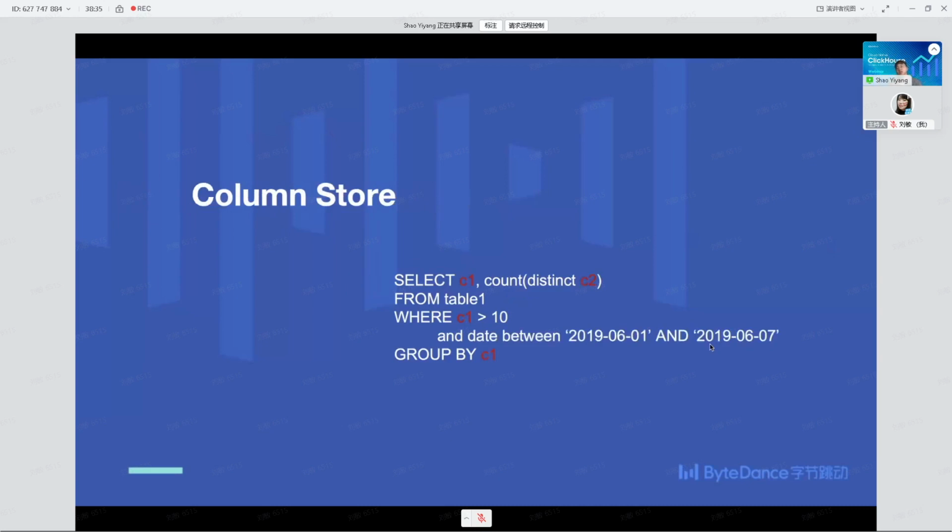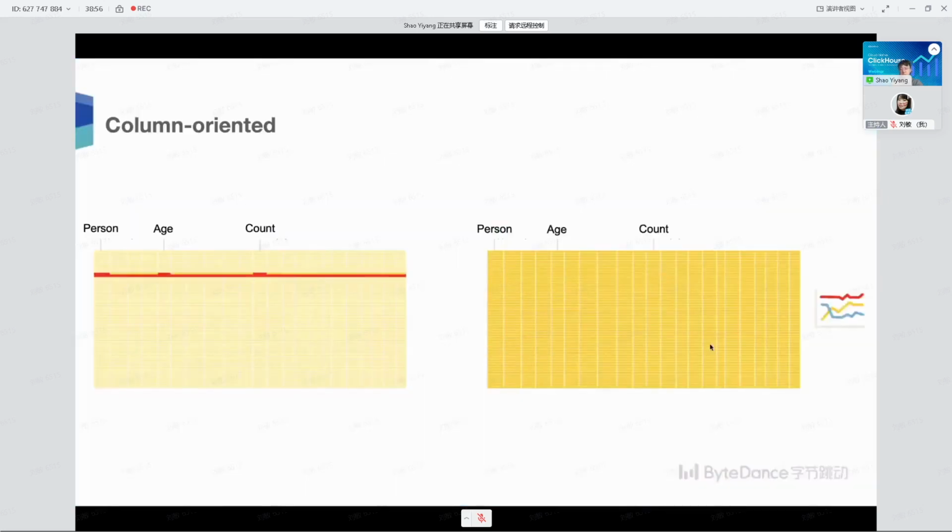And also, ClickHouse has its unique column-oriented storage. So in ClickHouse, the data is not stored row by row. It is actually stored in a column fashion. Just to give you a quick visualization of how column storage can help the analytics use case.